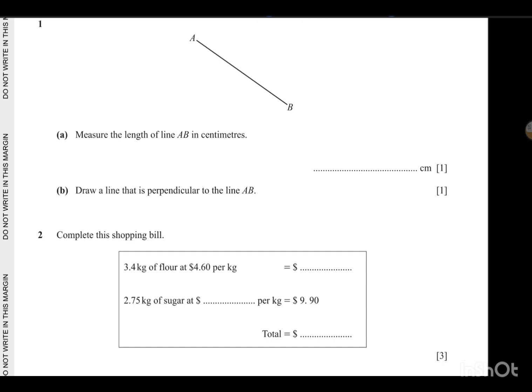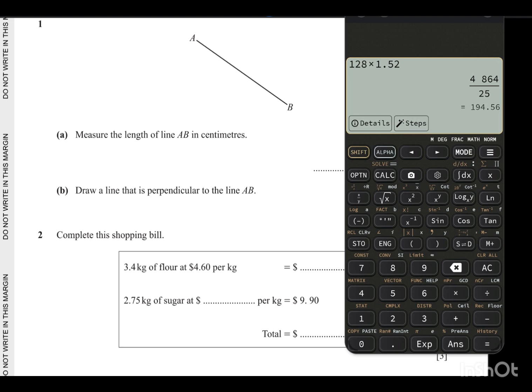Question number 2, complete this shopping bill. 3.4 kg of flour at 4.60 dollars per kg. You have to find the total cost of that flour. So for this, 3.4 kg is the weight of the flour and you need to do 3.4 times 4.60 because it is per kg rate.